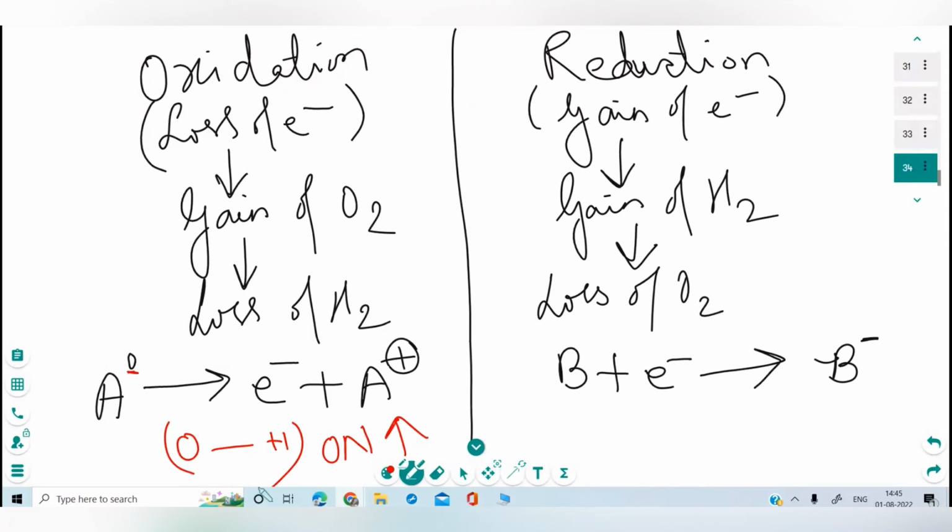From 0 it became negative. The oxidation number is going from 0 to -1. It is decreasing. That is reduction.